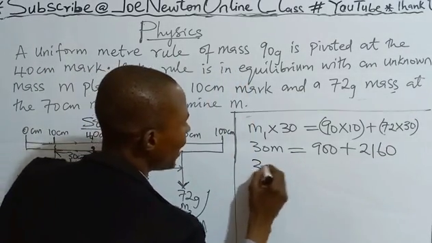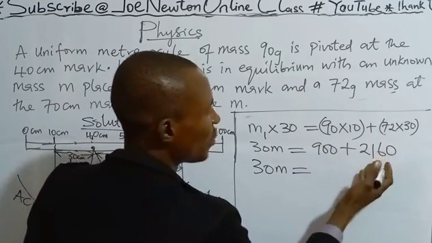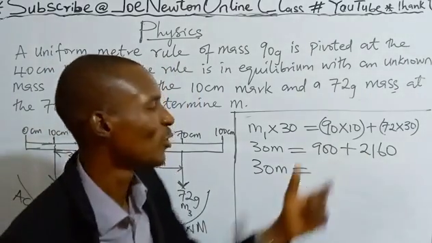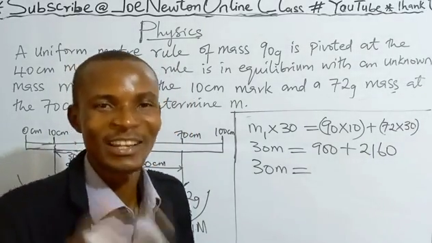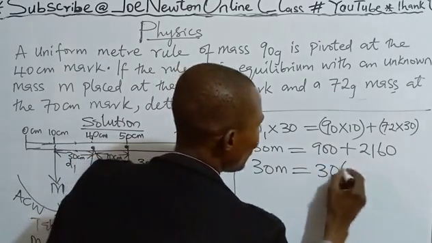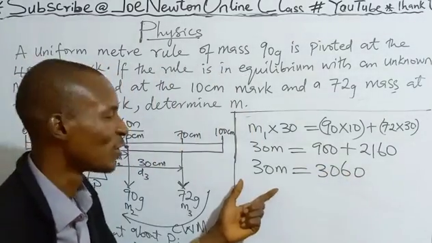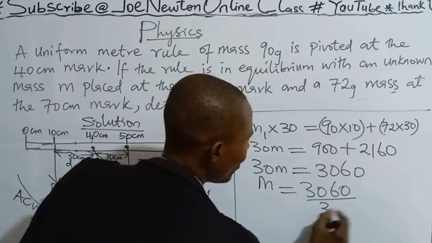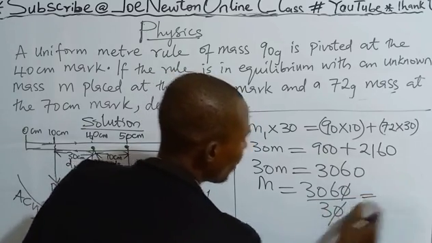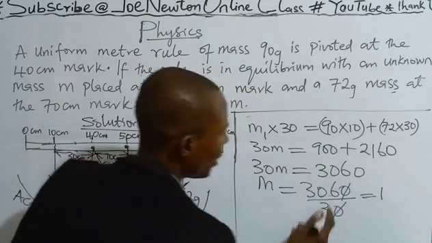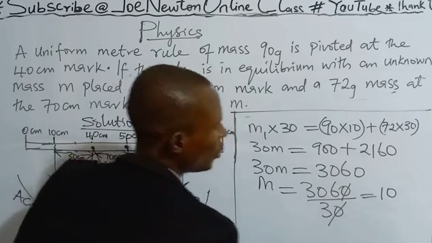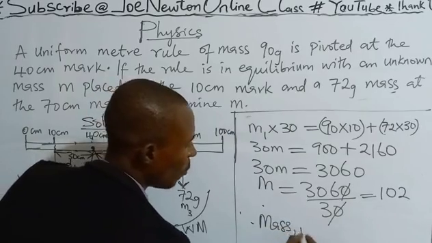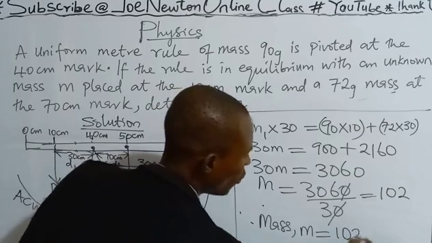Then 30m equals 900 plus 2160. 900 plus 2000 gives us 2900, plus 160 gives us 3060. Then we divide both sides by the coefficient of m. We have m equals 3060 over 30. 0 cancels 0. Then 3 divided by 3 gives us 1, 3 divided by 0 is 0, 3 into 6 is 2. Therefore, the unknown mass m we are looking for equals 102 grams.